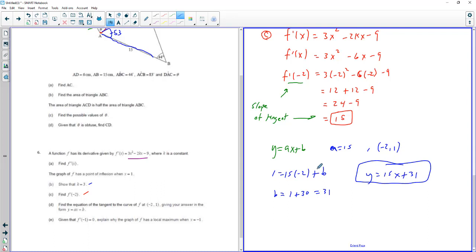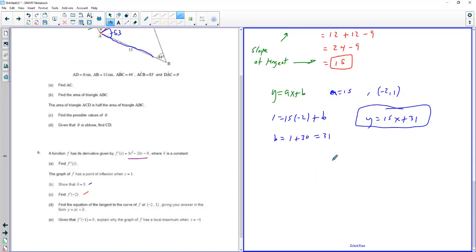Given that f prime of negative 1 equals 0, explain why the graph has a local maximum when x equals negative 1. Okay. I'm going to use the second derivative test to show you this. F prime of negative 1 equals 0. F double prime of negative 1, which I already found, guys.